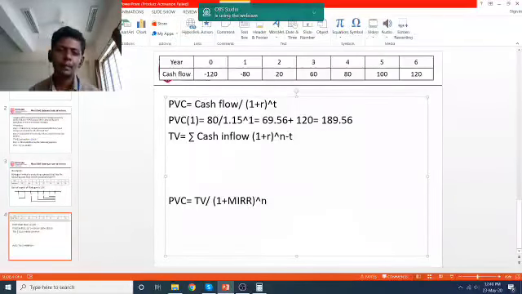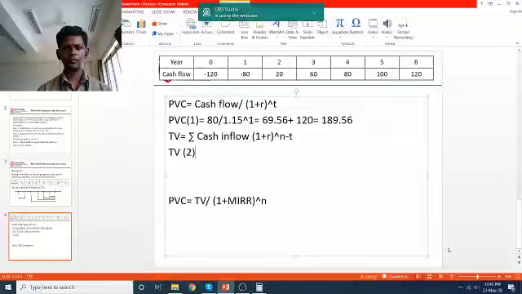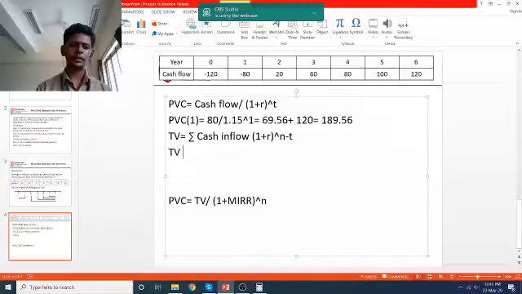Now, the second step is that you need to calculate the TV, the terminal value of cash flows. That is, you need to compound each to the sixth year. The terminal value of cash flows is very simple.